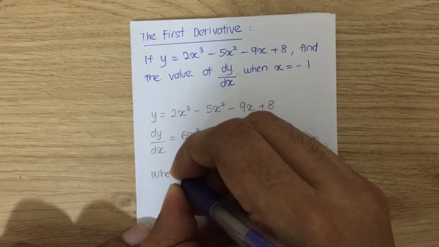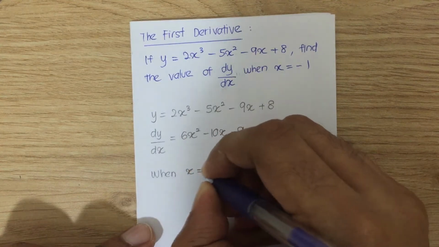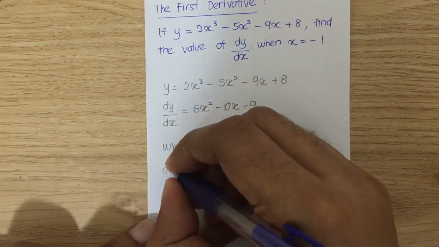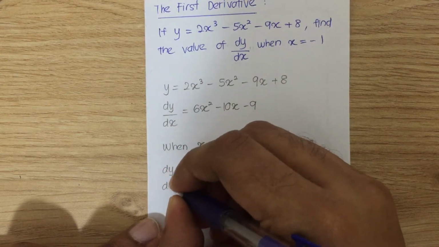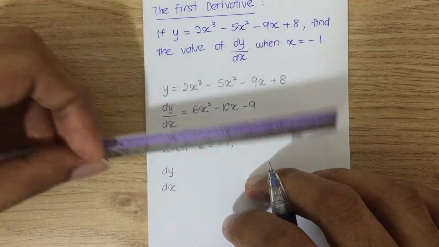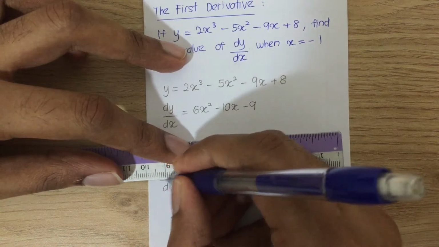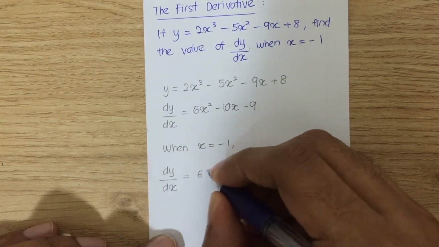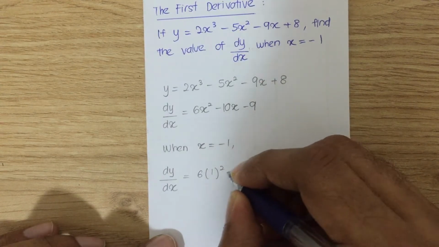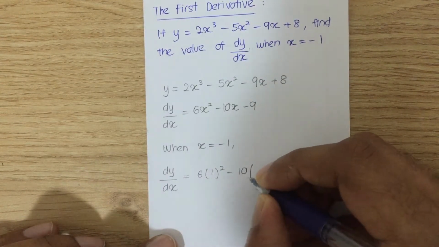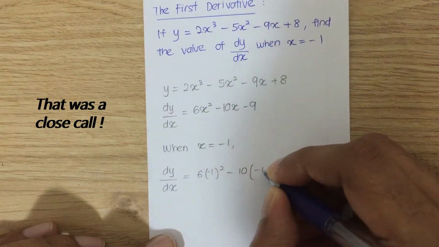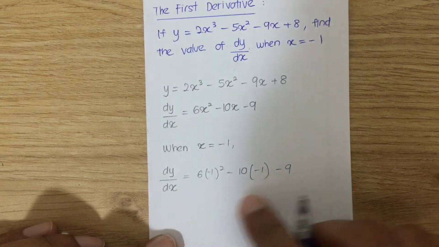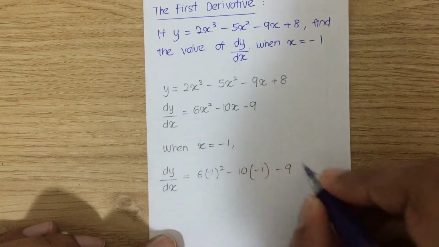When x is equal to -1, your dy over dx is equal to 6 times (-1) squared minus 10 times -1 minus 9.